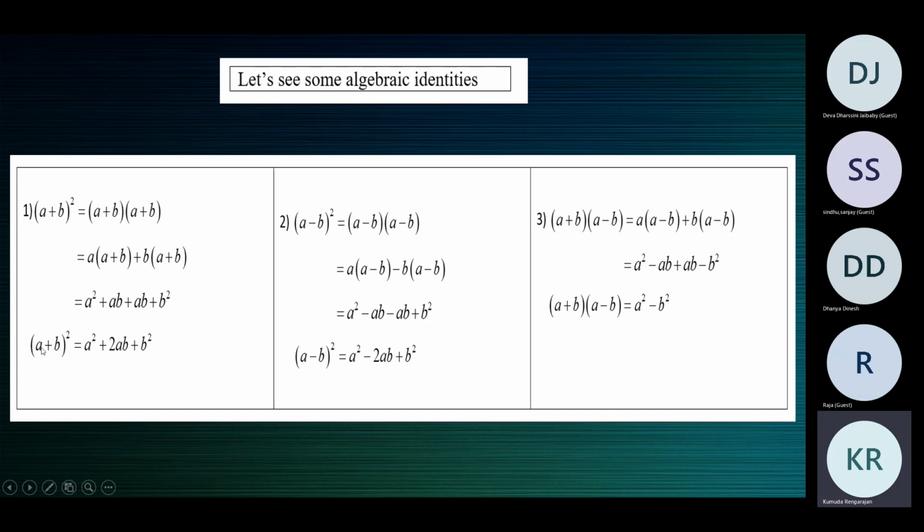So what is 1 plus 2 the whole square? 1 plus 2 is 3. 3 square is 9. So the value of the left hand side is 9. Correct, children? Yes, ma'am. Now we must get the same value in the right hand side when we assume A to be 1 and B to be 2.